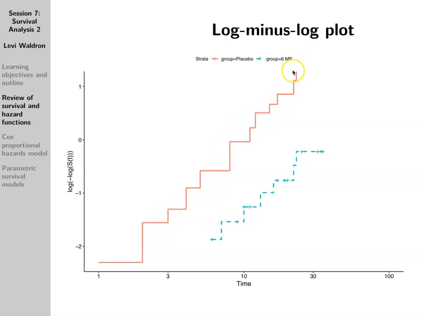But in a proportional hazards data set, these two lines will be parallel. In many cases, you will see a straight line, but the important thing is that these lines are parallel. So this makes me think that the proportional hazards assumption is a pretty good one for this data set.